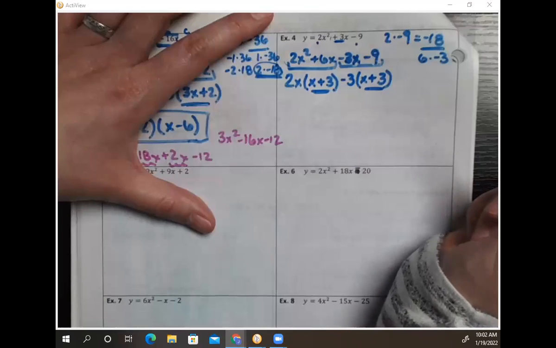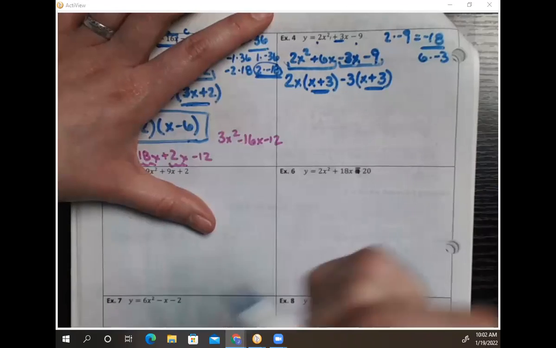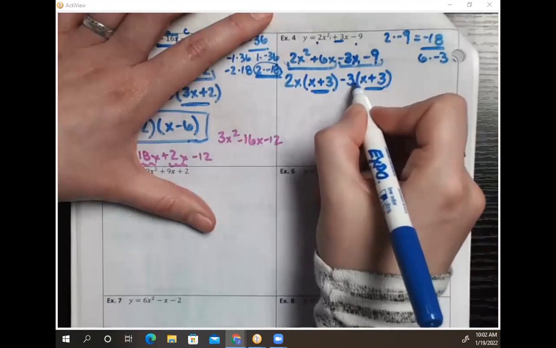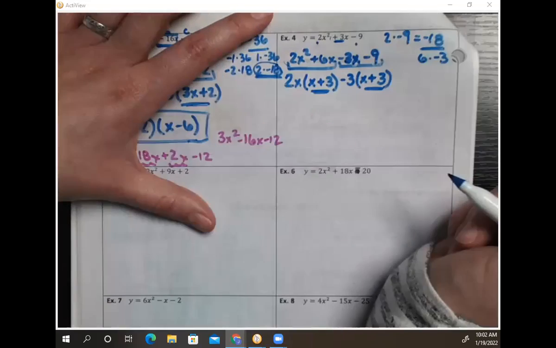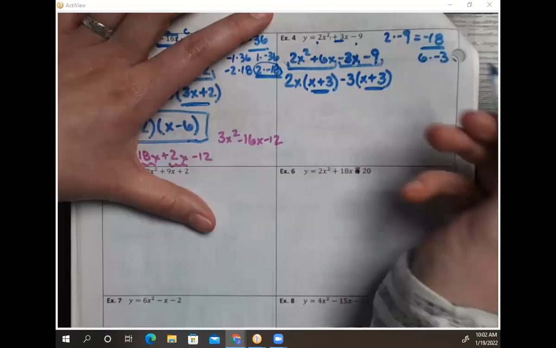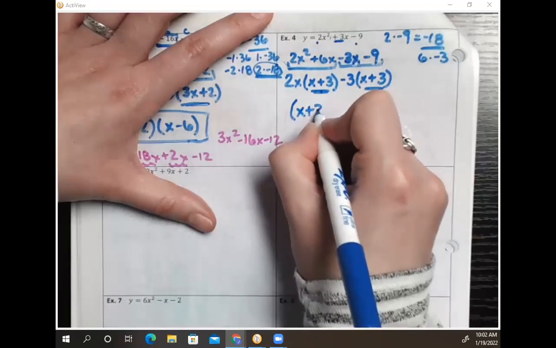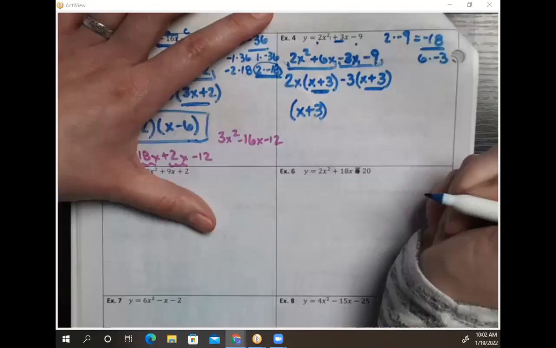Anytime I'm using AC method, that stuff in parentheses should be the same. If it's not, I want you to go back and double check your GCF and double check that you divided it out of both terms in your group. Now that stuff in parentheses acts like my GCF since it's the same in both parts.